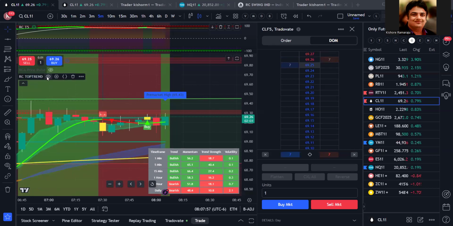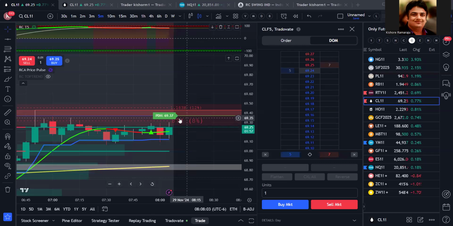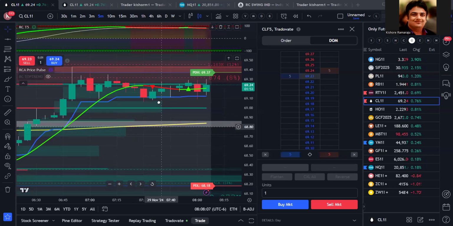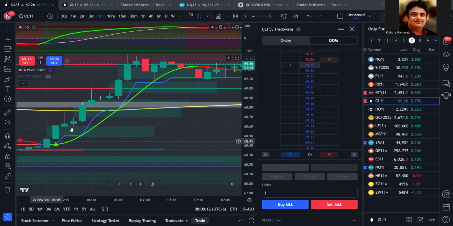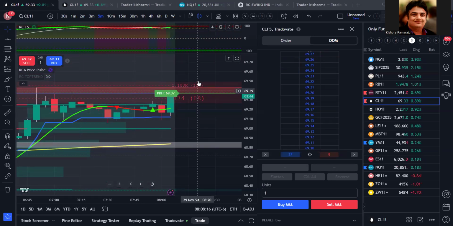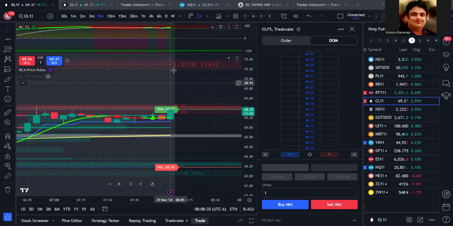If you want, you can also check price pulse. Okay, this line is blue, but there are some sell orders here. Price moved all the way from this discount area. So if it breaks this resistance, then it will go all the way to the top.